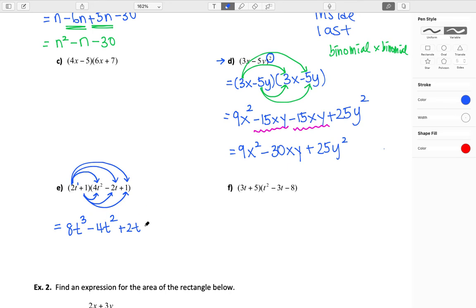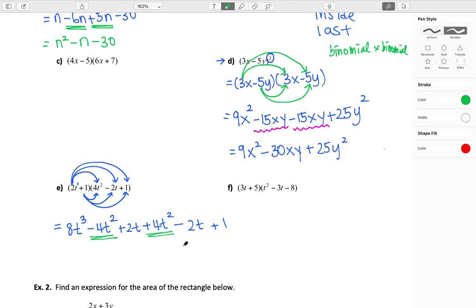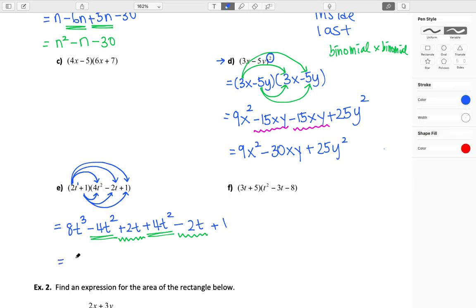So 1 times 4t squared is 4t squared, and then negative 2t and plus 1. The like terms here, we have negative 4t squared, like term with 4t squared, and we have 2t, like term with negative 2t, and that's it. So 8t cubed comes down automatically, and these two cancel out. Negative 4 and positive 4 is just 0, and 2t and negative 2t is also 0. So then plus 1. And that is your final answer.